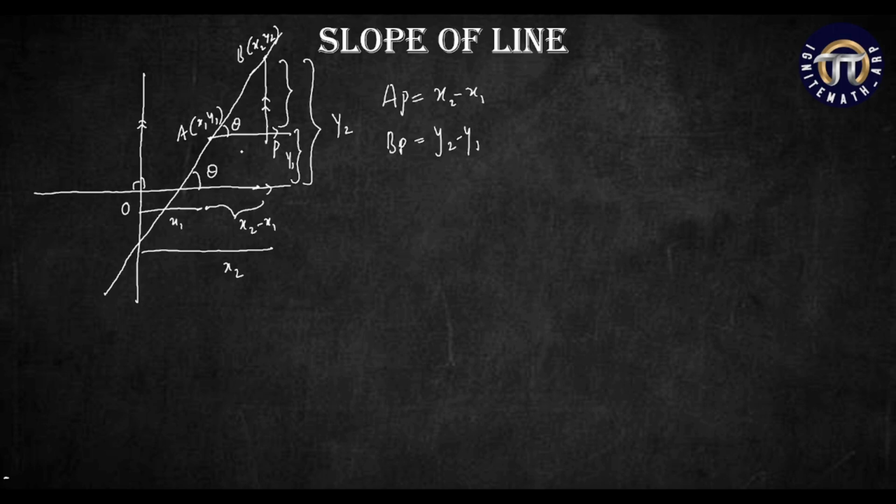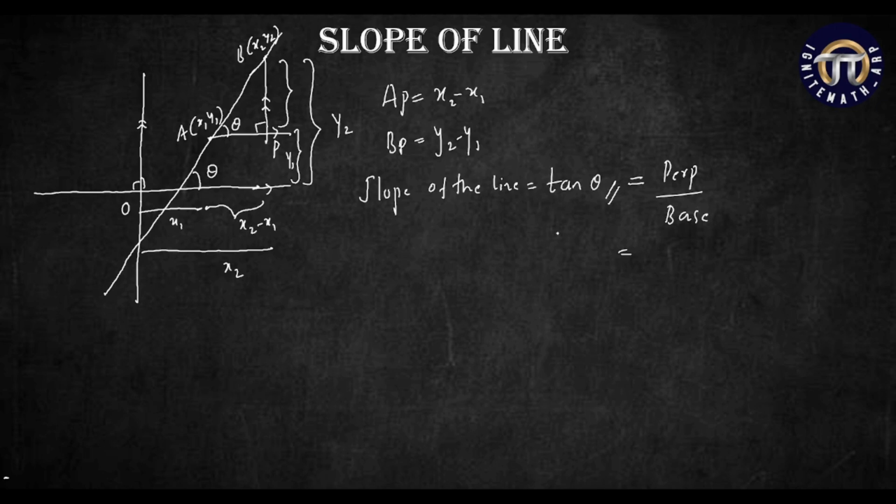Clear, children? So now if I want to find out the slope of this line, what did I say? Slope of the line is equal to tan of angle of inclination. Don't worry, I don't find out slope using theta over here. Be very careful. So tan theta is also equal to perpendicular by base. Correct, children? So what is perpendicular to theta in this triangle APB, which is a right angle?